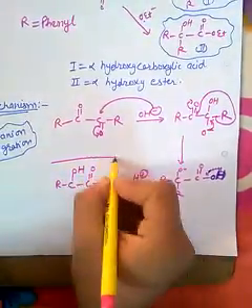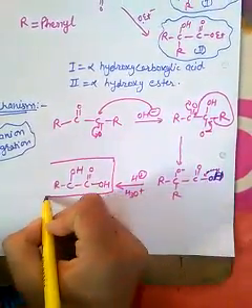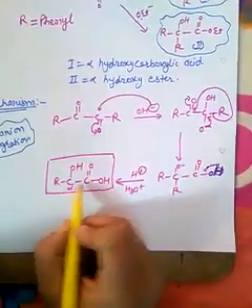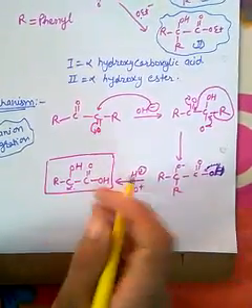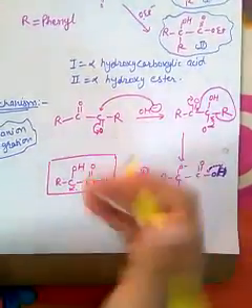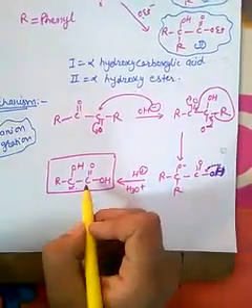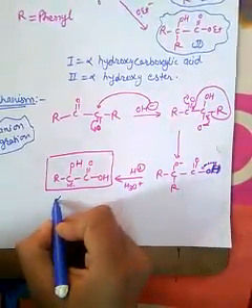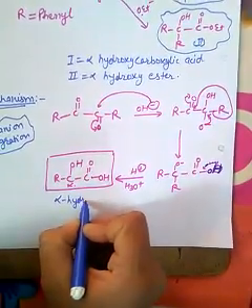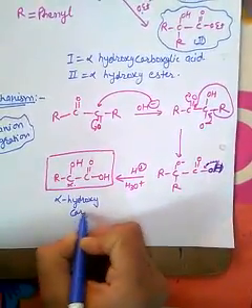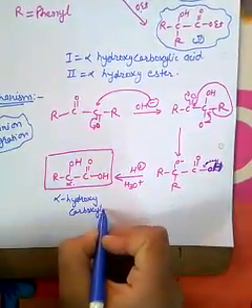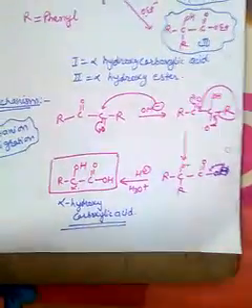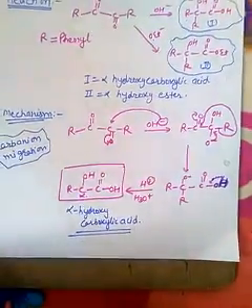In the next step, the main product, as you see here, this is the alpha carbon. The carbon next to the CO bond is the alpha carbon. So the carbon next to the acidic group, or carbonyl group, is the alpha carbon. So this is the product formed, which is alpha hydroxy carboxylic acid. This is the benzilic acid rearrangement.